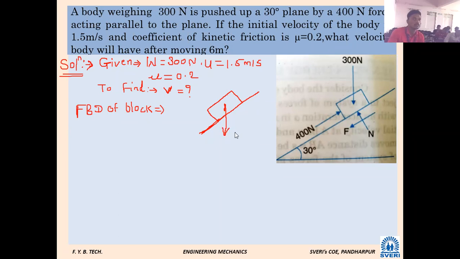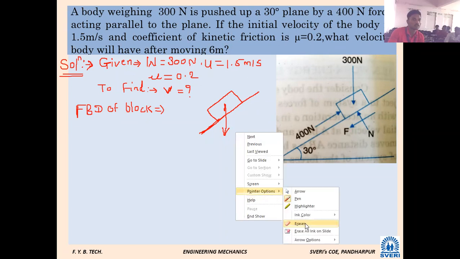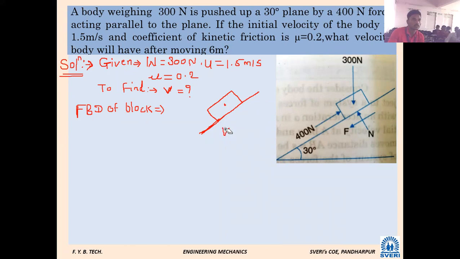Downward direction. How much is it? 300 Newton.